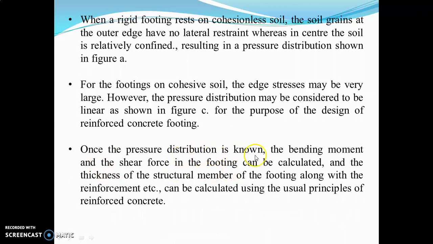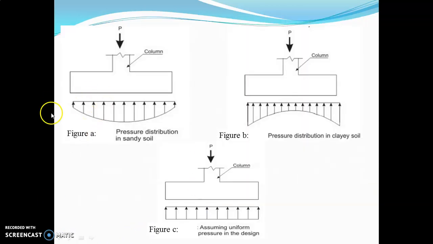Once the pressure distribution is known, the bending moment and shear force in the footing can be calculated, and the thickness of the structural member of the footing along with the reinforcement can be calculated using the usual principles of reinforced concrete. So you have to remember this mainly for sandy soil, that is, cohesionless soil. This is a column, load is acting here, and the pressure distribution is like this. For clay soil, the pressure distribution diagram is like this.